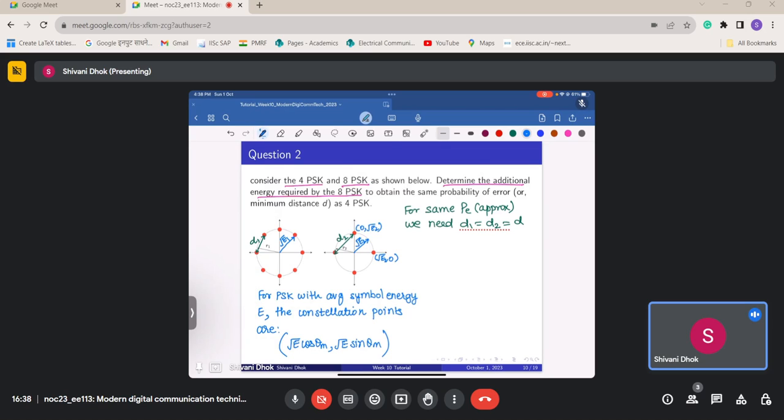This is a standard thing that we know, and this is valid for any M-ary PSK constellation.